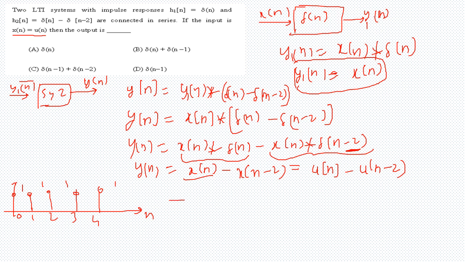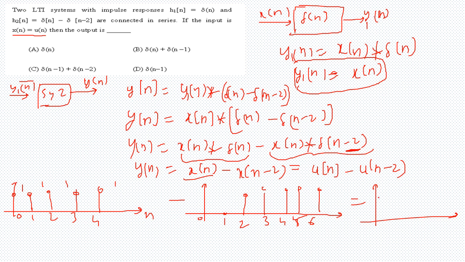And from this we have to subtract u of n minus 2, which will start from 2 and will be 0 elsewhere. So these two are going to get subtracted. When they get subtracted, what we are left with is only this part, 0 and 1, and the rest of them become 0.